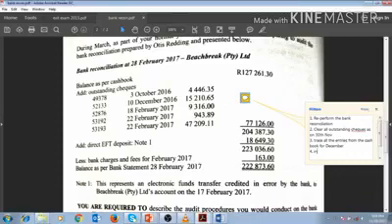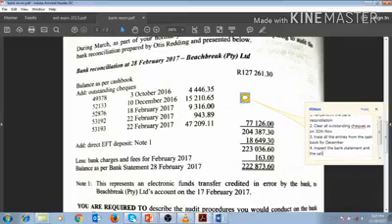So I'm going to inspect the bank statement and the cash book for any unmatched items.